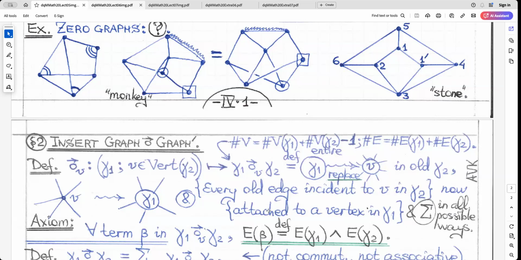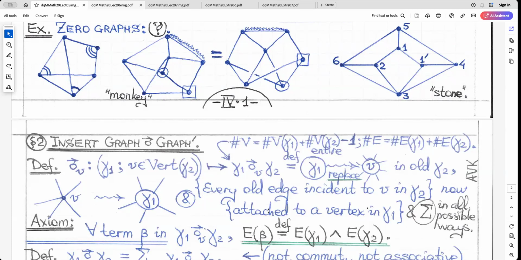And the adjacent edges from the rest of gamma 2 initially coming to this vertex, they are attached to vertices in gamma 1, which we insert in all possible ways. So this edge now goes here, here, here, here, here. We take a formal sum.